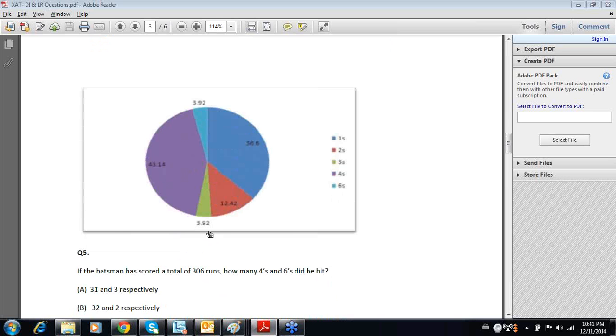So 3.92% is in sixes as well as 3.92% in threes. Twos, it's 12.42%, 43.14% is in fours, and ones is 36.6%.